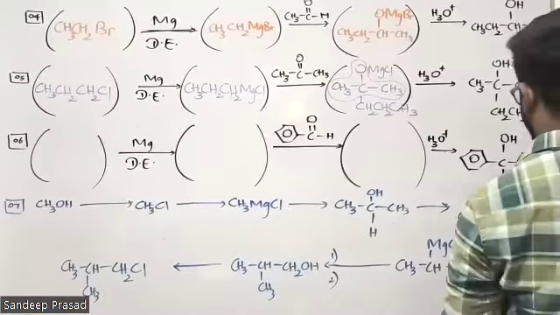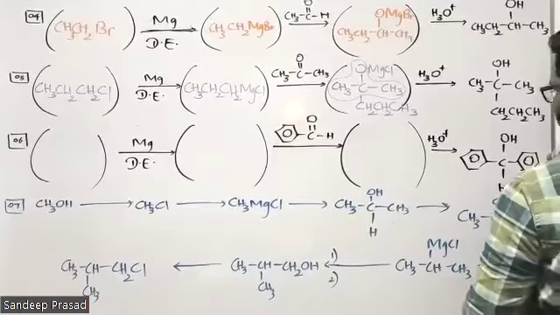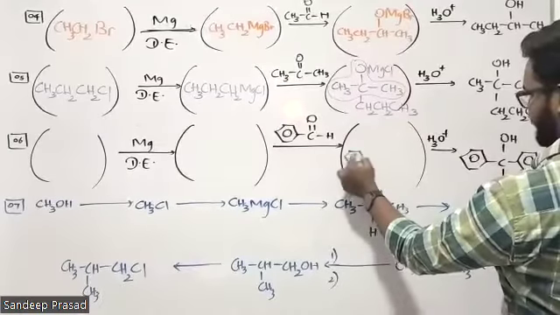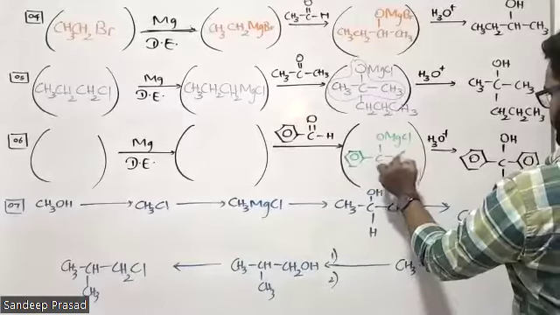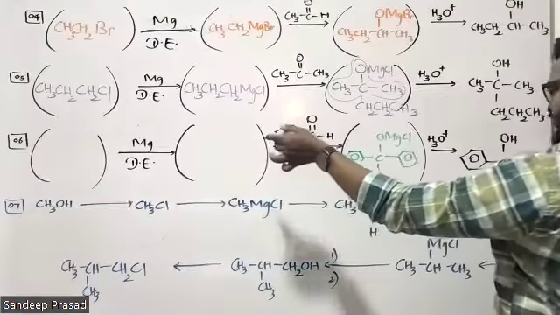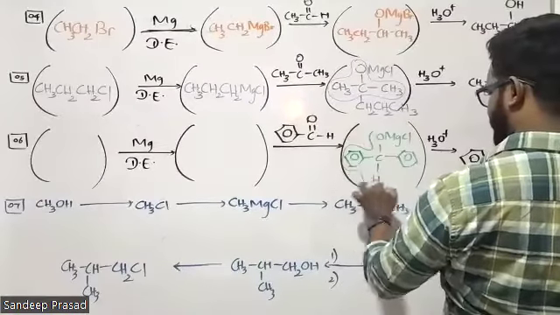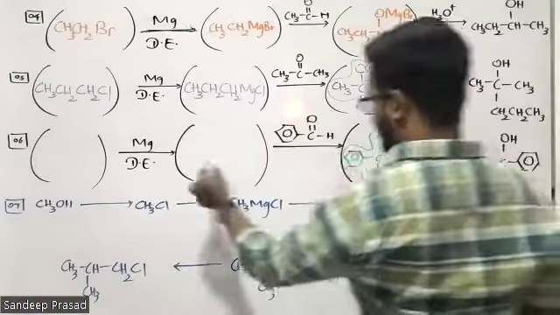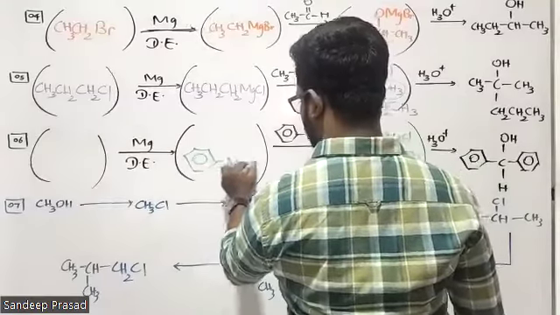Number 6, go for the reverse. We have added an aldehyde. So anyhow, the previous product before the hydrolysis should be OMgCl. Now they have added an aldehyde to the Grignard reagent. So therefore you can see that this is the aldehyde, right? Then the Grignard reagent should be phenyl MgCl.